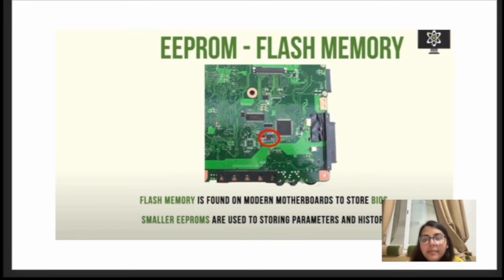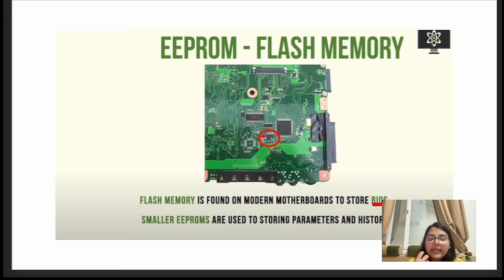EEPROM flash memory is usually used to store BIOS. Okay, students, do you know what BIOS stands for? It is basic input output system, and it is a set of computer instructions in firmware which control input and output operations. So commonly it is used to store these kinds of instructions only.